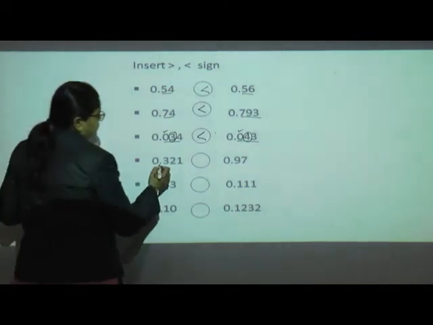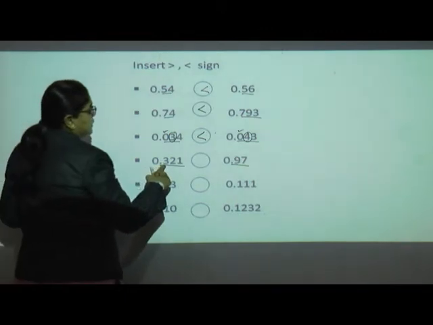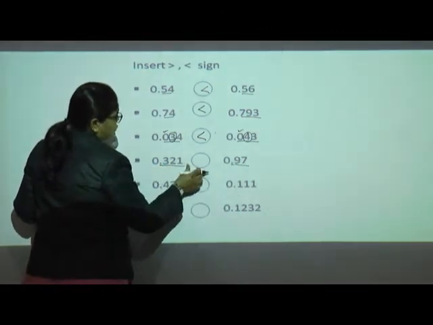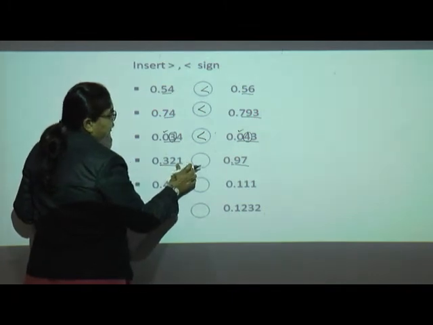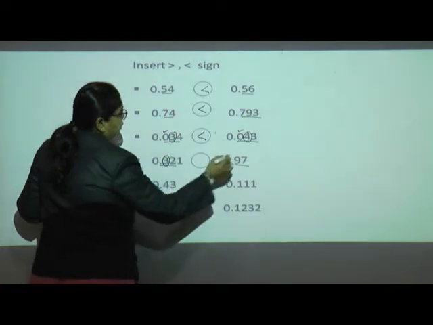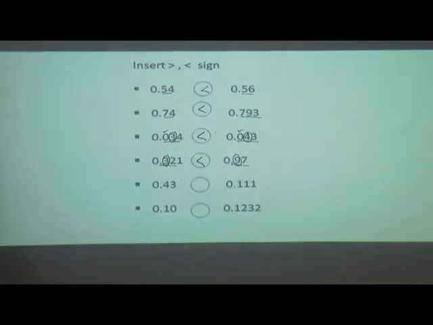Now here after the decimal, 2 digits and 3 digits, it is 3, 1 here, and 9, 7 here. When you compare only 2 digits, it is 3, 2 here and 9, 7 here. After the decimal, compare 1 digit and we can say which is greater. So these 2-3 examples are given.